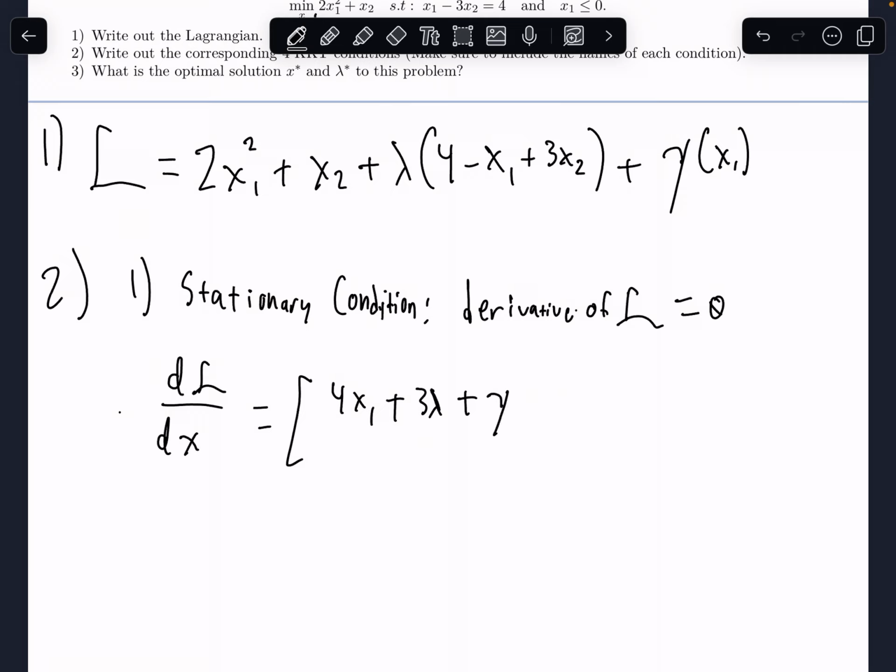And here we would have 1, wait, that's the wrong x there. It's a minus 1 lambda plus 3 lambda, and then this equals 0, 0.